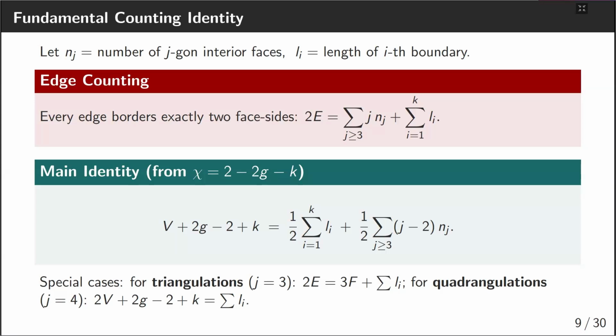Special cases: for triangulations, j is equal to 3, so we have 2E equals 3F plus the sum of all the lengths of the ith boundary. And for quadrangulations, j equals 4, you have 2V plus 2g minus 2 plus k equals the sum of all the lengths of the ith boundary. So these are two special cases you can substitute back into this main identity to see that this works. This comes from edge counting.